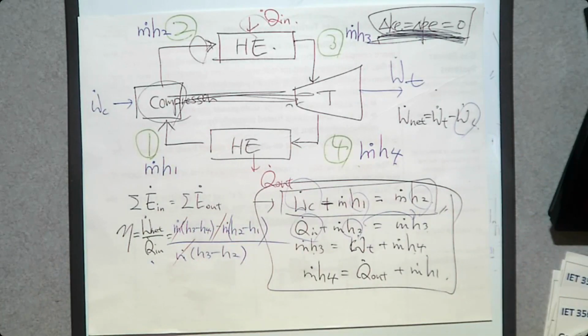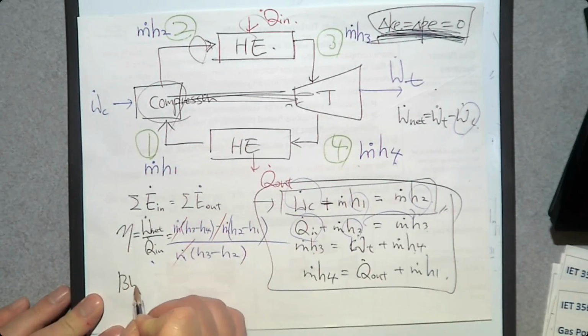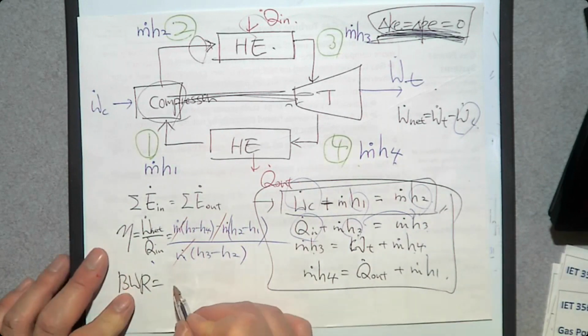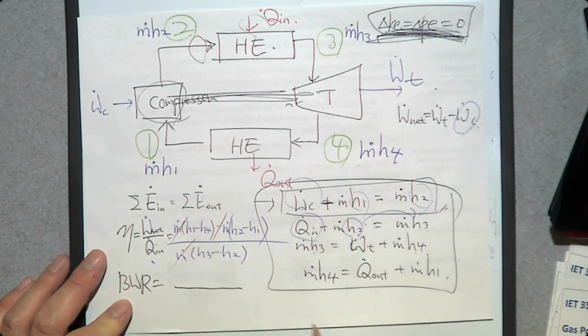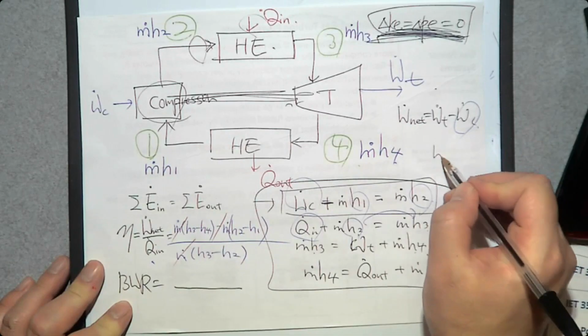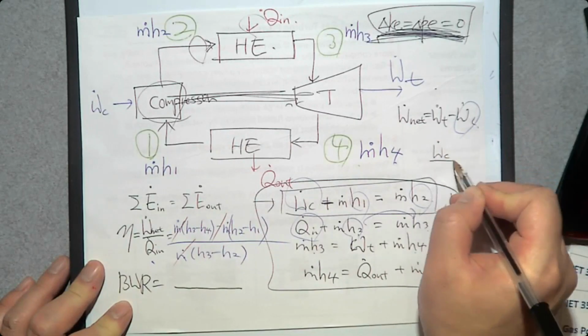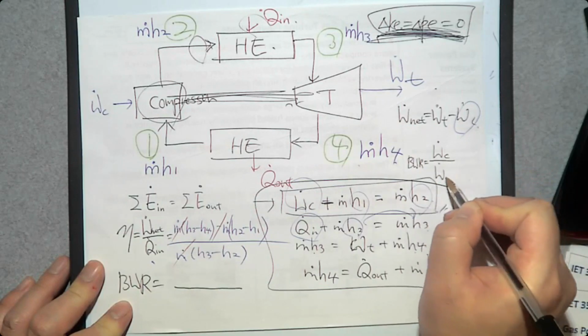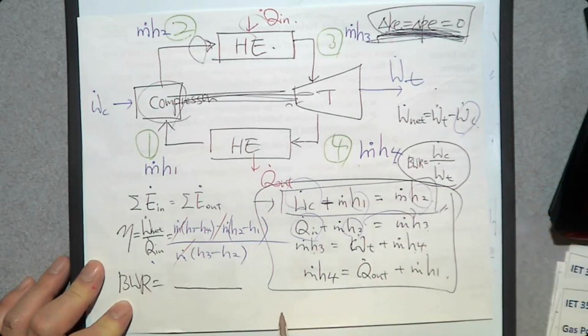One last thing is the back work ratio. How do we calculate the back work ratio? Very simple. How much compressor power we consume out of the turbine power that we produce.